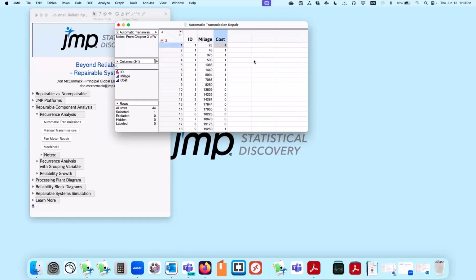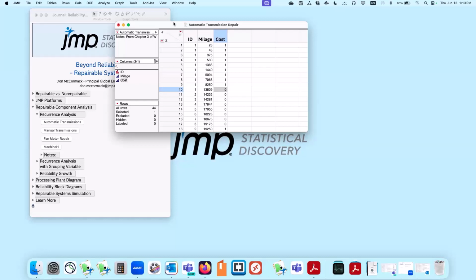So anytime there was a repair that occurred, I'm going to indicate 1 as a repair occurring. When it was taken out of service, when the observation stopped occurring, I'm going to put a 0 there. If you're familiar with using the censoring column in some of the other reliability platforms, this is just the opposite. Typically in censoring, it's 0 when it's not censored, and 1 when it stops. Just a complete opposite with repairable systems.